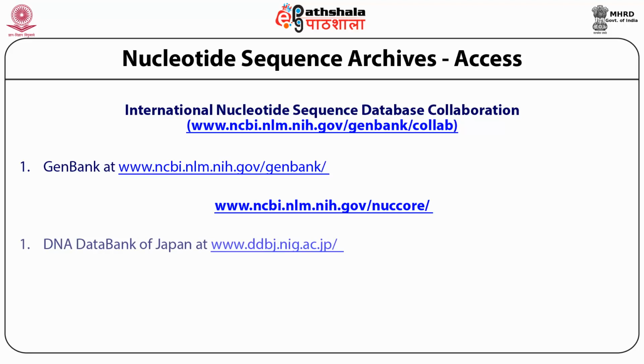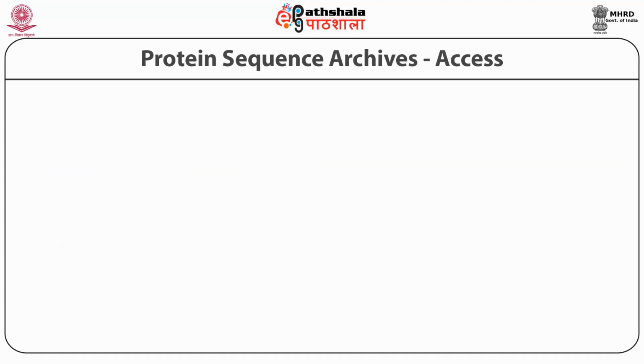The second is the DNA Data Bank of Japan, and the third is the European Molecular Biology Laboratory, that is EMBL at the European Bioinformatics Institute. These 3 organizations exchange data on a daily basis. NCBI integrates nucleotide sequence data with other databases for search in an integrated manner.